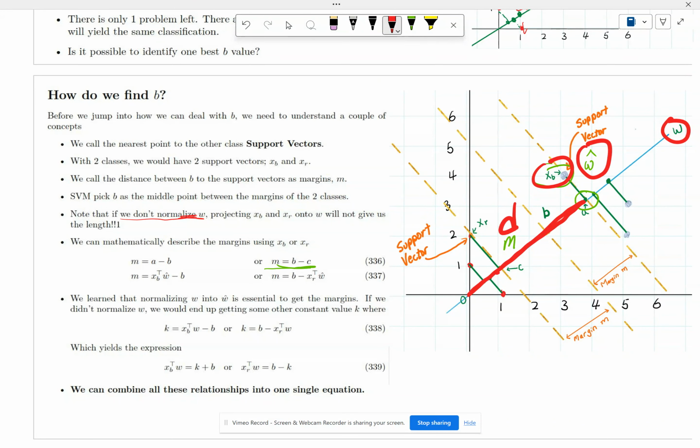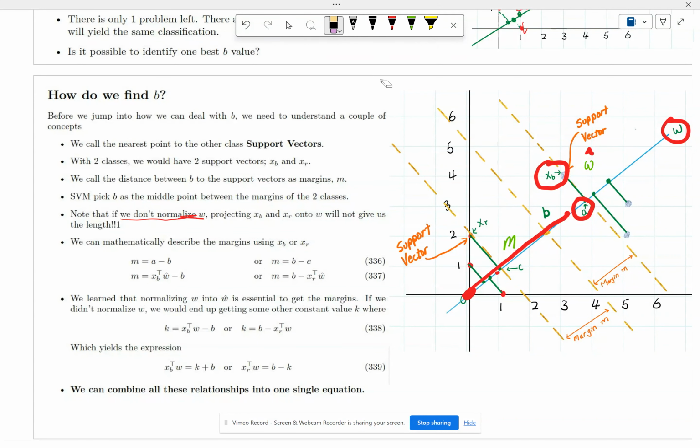That's how we got the distance. How do you get the distance from here to A? Well, you project B onto W hat. B, W hat. So that's how I got A.